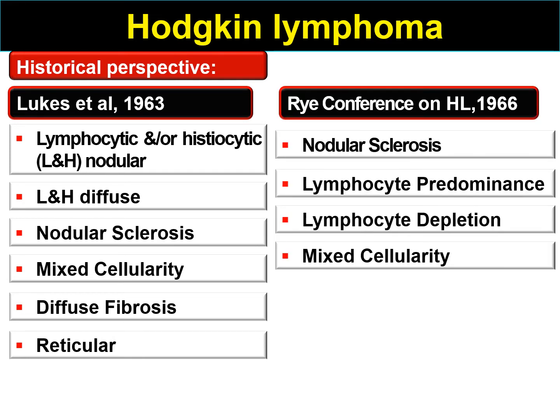In the Rye Conference on Hodgkin lymphoma in 1966, they divided this Hodgkin disease into four variants, that are nodular sclerosis, lymphocyte predominance, lymphocyte depletion, and mixed cellularity.